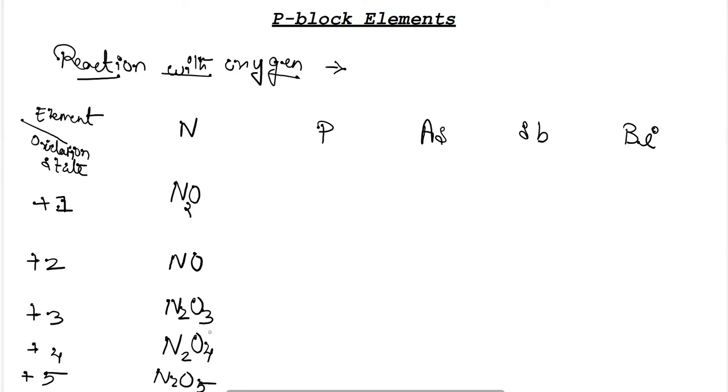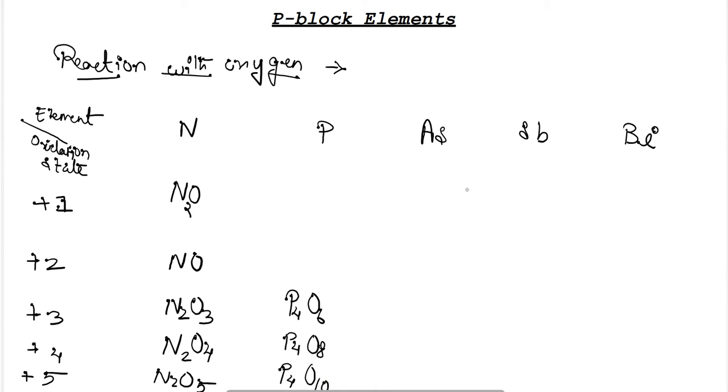These are some of the compounds of oxygen found with nitrogen. Next is phosphorus. Phosphorus forms P4O6, phosphorus trioxide, P4O8, phosphorus tetraoxide, and P4O10, that is phosphorus pentaoxide.